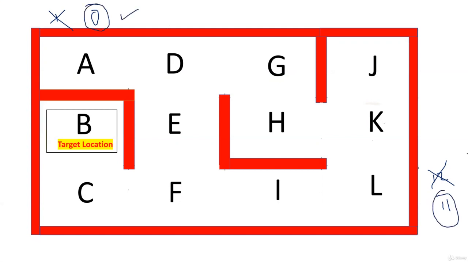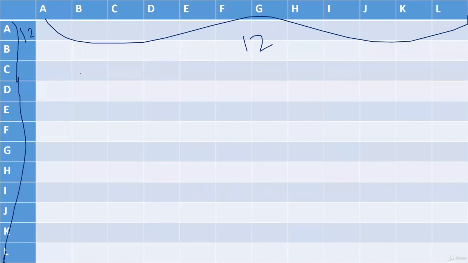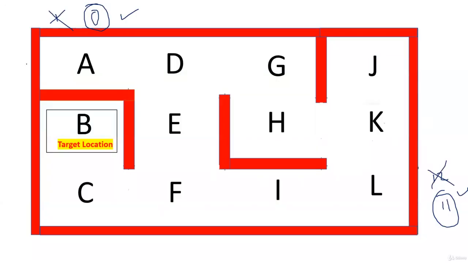Great. So now we are just going to fill this 12 by 12 matrix. We start from A, and suppose we want to go to B. That is not possible.